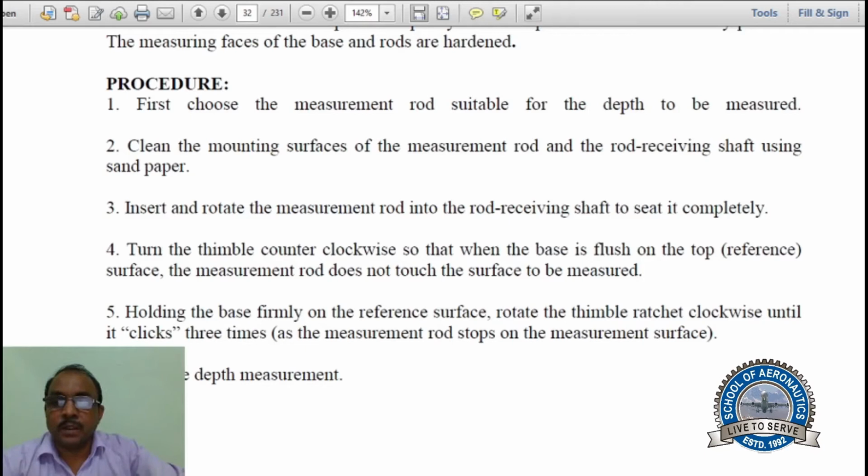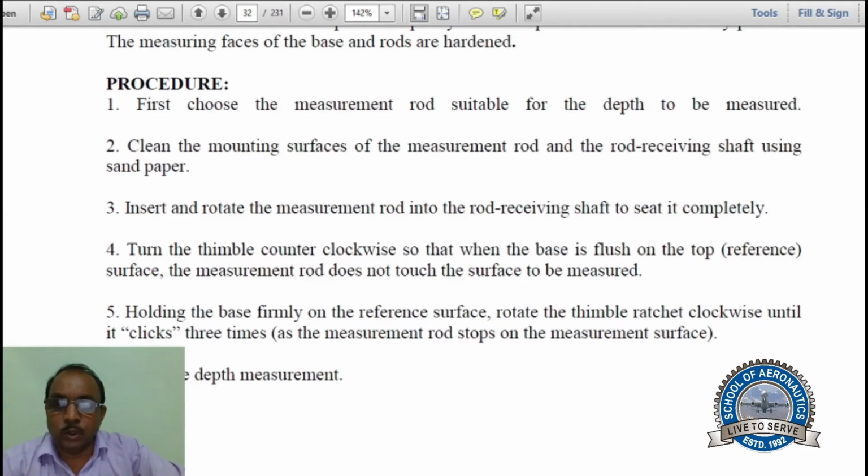Procedure. First, choose the measurement rod suitable for the depth to be measured. Clean the mounting surfaces of the measurement rod and the rod receiving shaft using sandpaper.